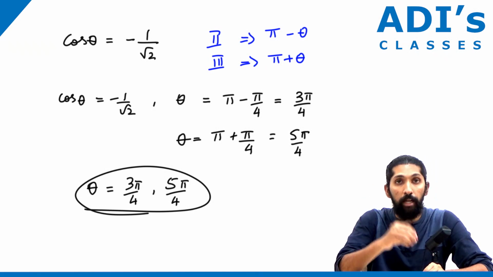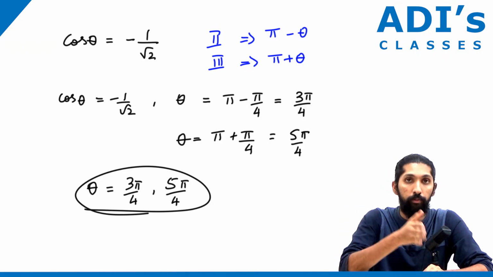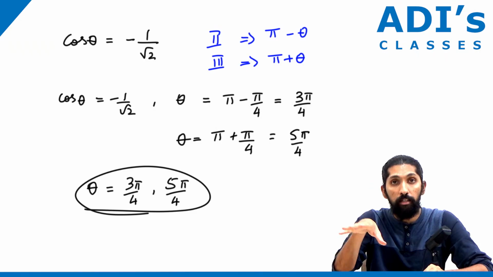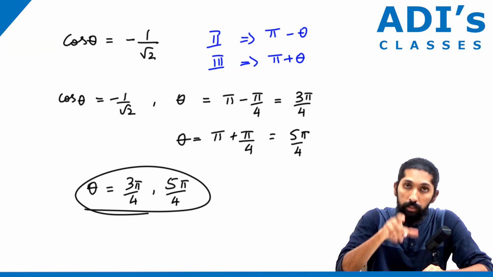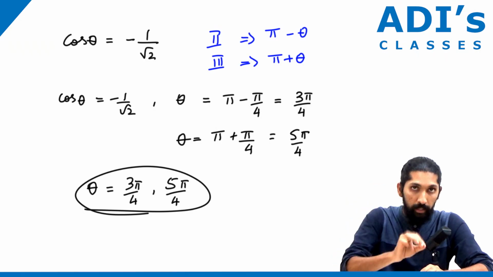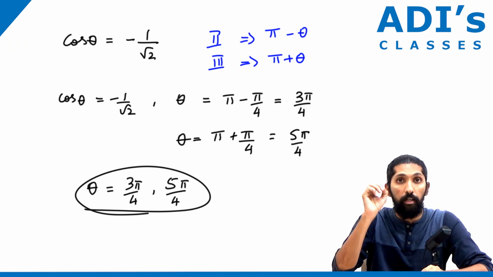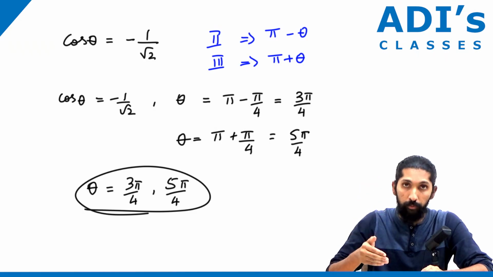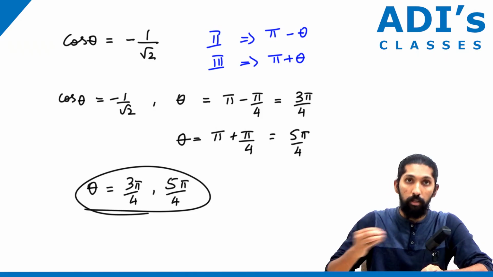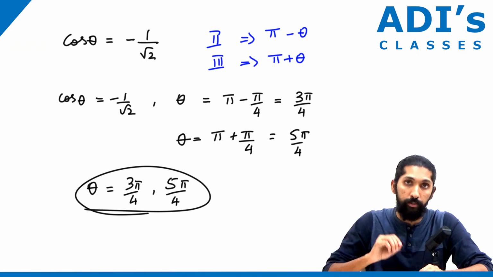So we need to get a value for the trigonometric function. In turn, we are going to get the value of the angle for which the trigonometric equation is going to get satisfied. So technically speaking, we are calculating the value of the angle theta, and that we can figure out with the help of these principal values. This is the whole point of solving a trigonometric equation.